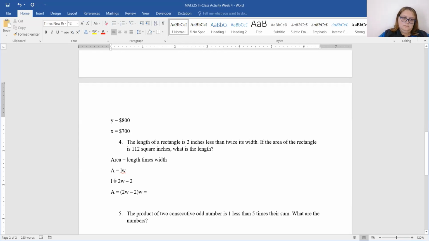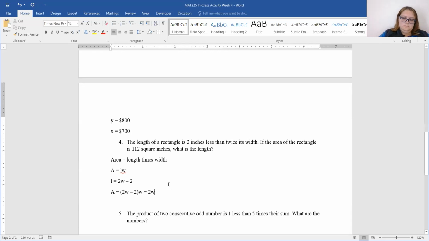Then we simply substitute this value into the area formula and multiply by W. W multiplies times each term here. Don't forget that.